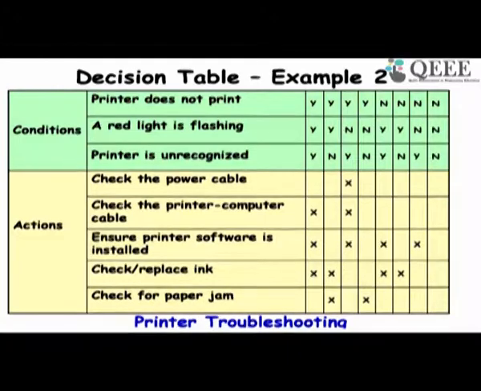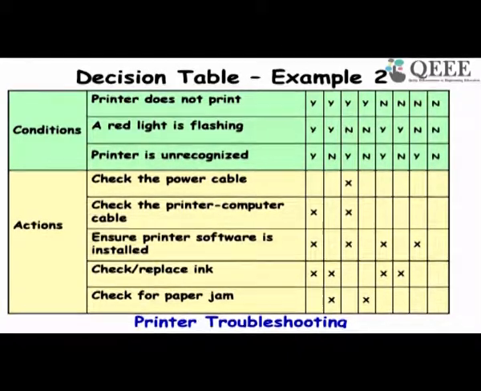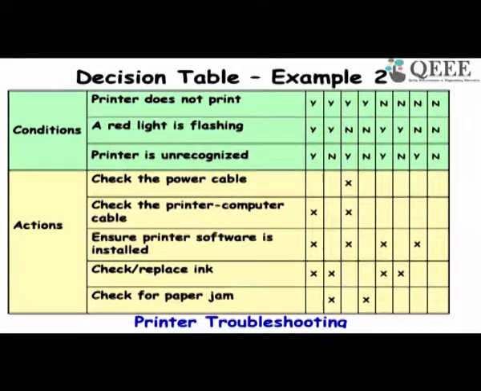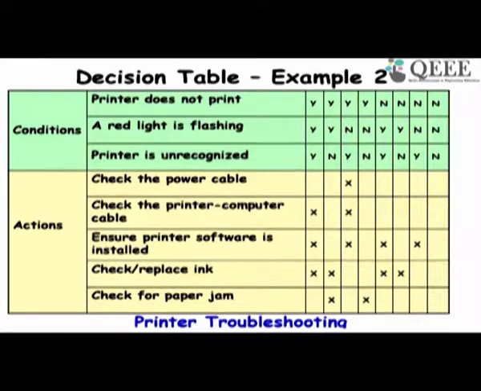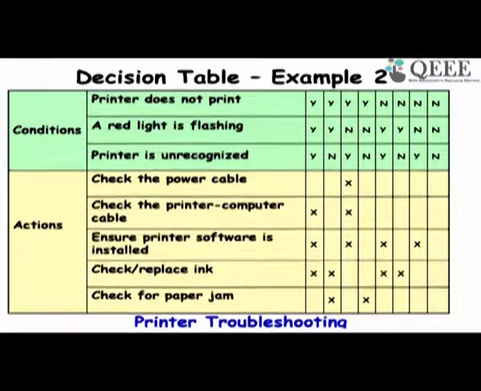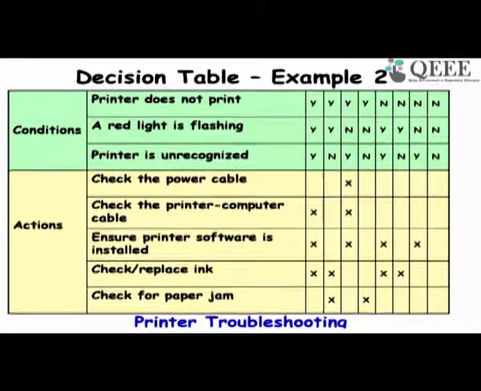If the printer does not print, red light is flashing, but the printer is recognized by the computer, then do these two actions, and so on. So the conditions are the symptoms observed about the printer, and what action we need to take to maintain the printer. So this is another example of a decision table.